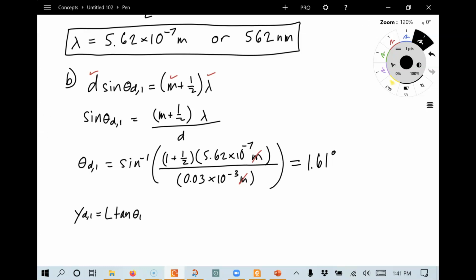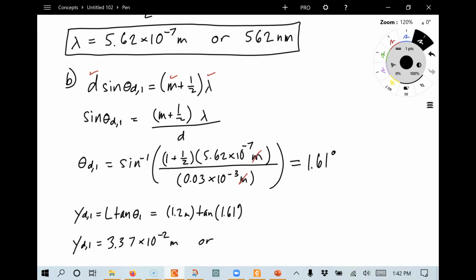That's just from the geometry of the triangle, right triangle. We'll put in our numbers. So we've got the screen length of 1.2 meters multiplied by tangent of 1.61 degrees. And that y dark 1 comes out to a value of 3.37 times 10 to the minus second meters.